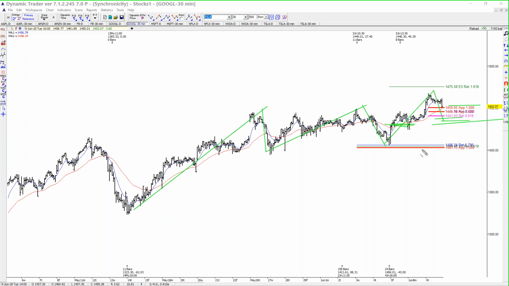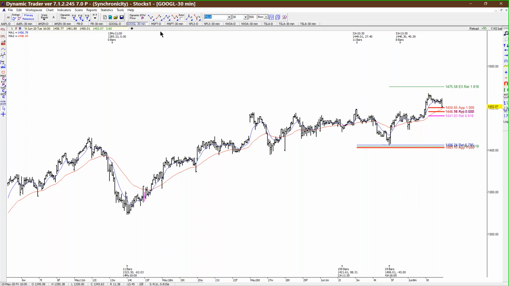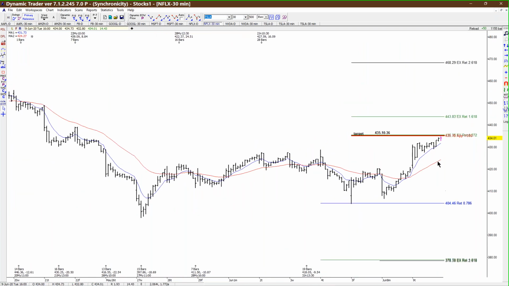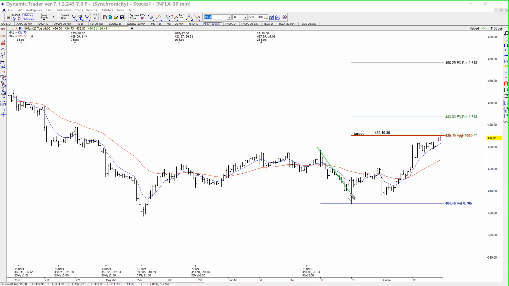Okay, now if you looked at trying to short against, let's say you're looking to short against this resistance in Netflix, because let's say we have an extension of one swing and a 100% projection of another one.